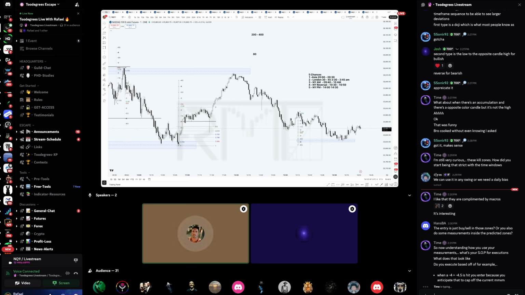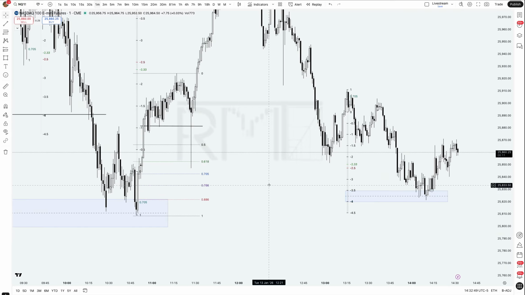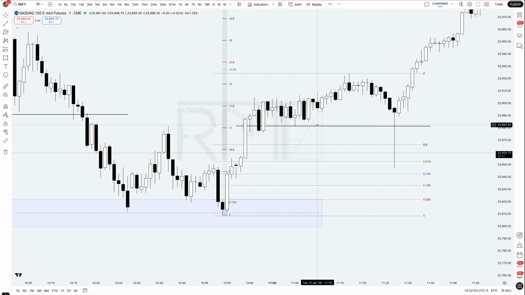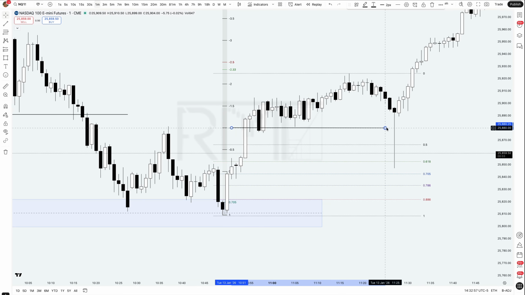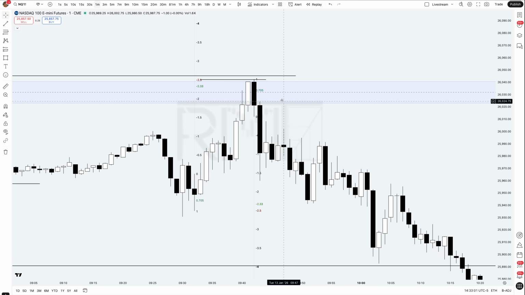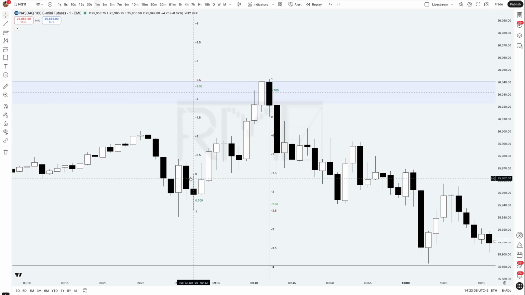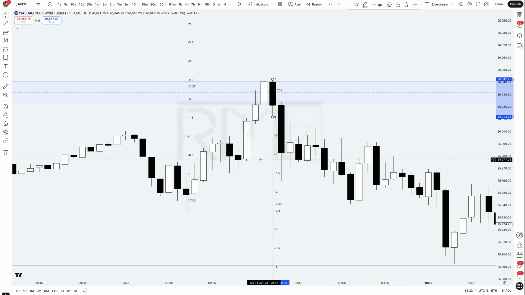For the execution, you can see in the previous video as well, but I can talk here real quick. I told you that the confirmation of the move is when we close above 1 deviation. Let's say this first move on the upside, we have the swing high after the New York opening, the 9:30, inside the window from 9:40 to 10 a.m. We have a swing high.